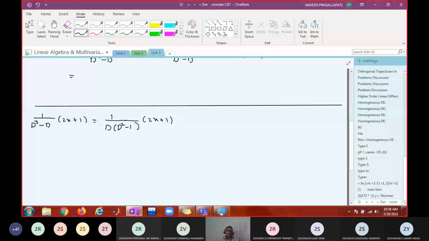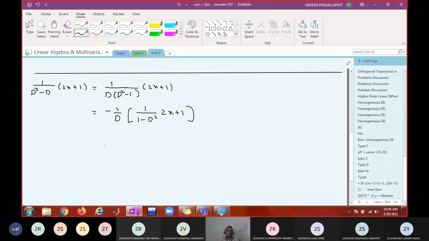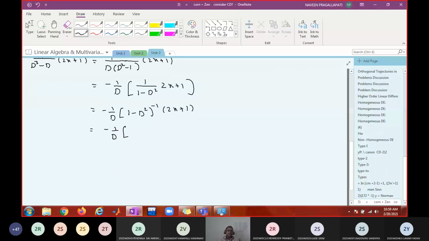Then I can write it as minus 1 by D of 1 by 1 minus D square of 2x plus 1. So this is minus 1 by D of 1 minus D square whole power minus 1 of 2x plus 1.